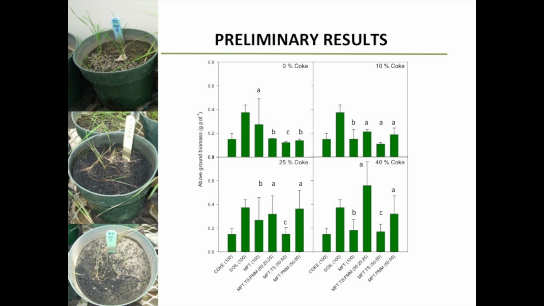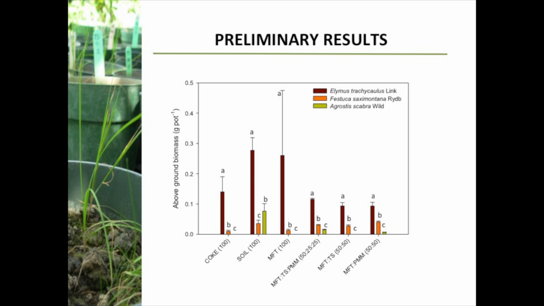So here also some of the worst performing treatment was the MFT tailing sand. Well, the coke 100% was not very good, but that happened because sometimes the materials did not have good water retention, so the plants would have some water stress on this treatment.